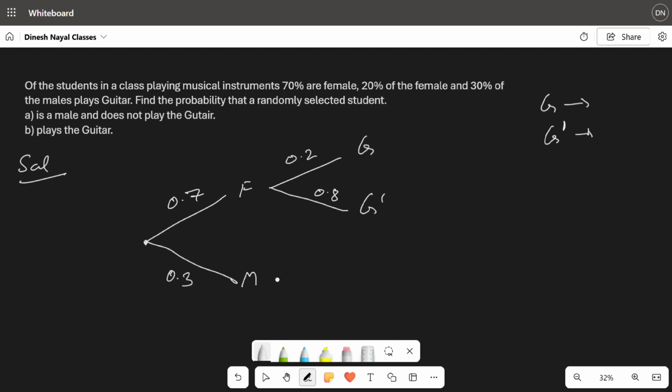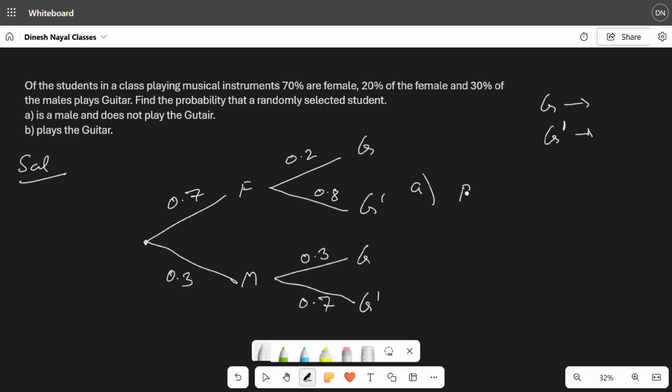Okay, similarly for males who plays guitar and who doesn't plays guitar. So the one who plays guitar is 30% of the males plays guitar, so this will be 0.3, and who doesn't plays guitar will be 0.7. Okay, so first our A part is, you have to find the probability, means the randomly selected student is a male and does not play the guitar.